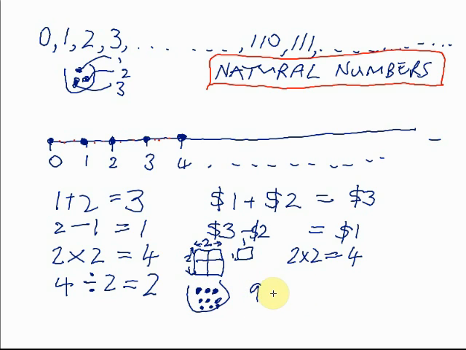How many teams can I make? How many lots of 3 balls have I got in the bag? Because that's the number of teams I can make. Well, it's 9 divided by 3, and that is equal to 3. I've got 3 lots of 3 make 9. So I can form 3 teams to play this ball game.